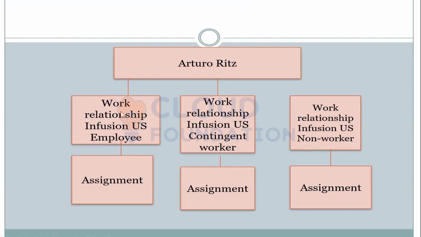So what kind of work relationship does she have? Whether she has an assignment role. The work relationship is the relationship the employee has with the enterprise, and it holds an assignment.